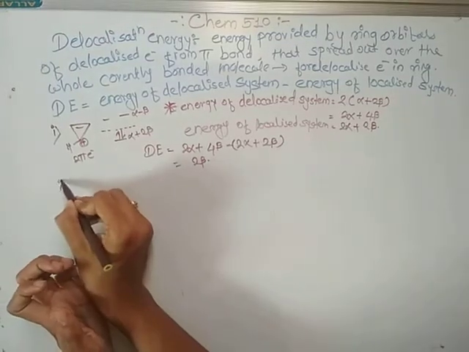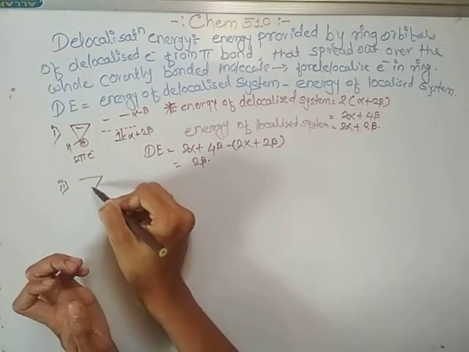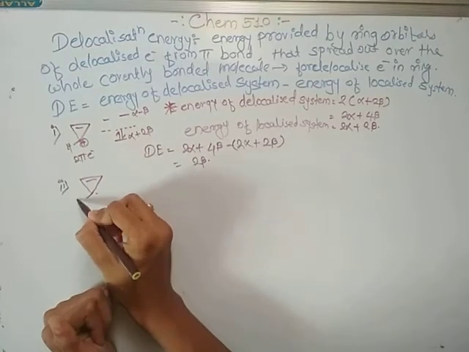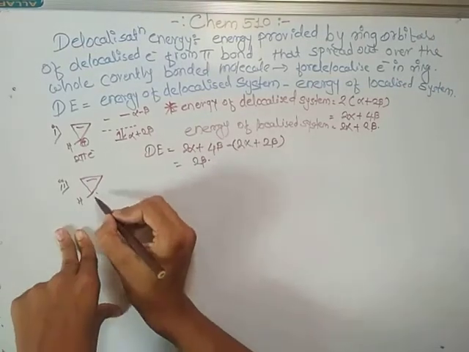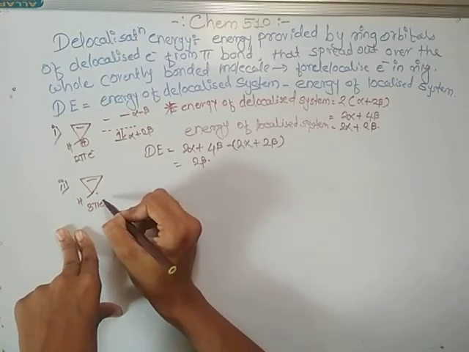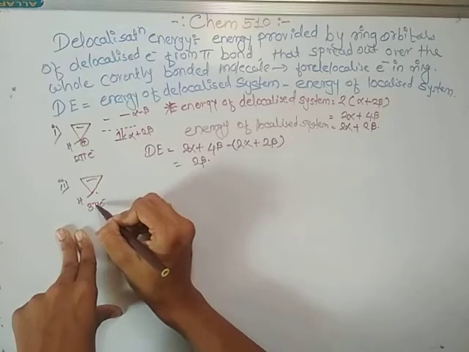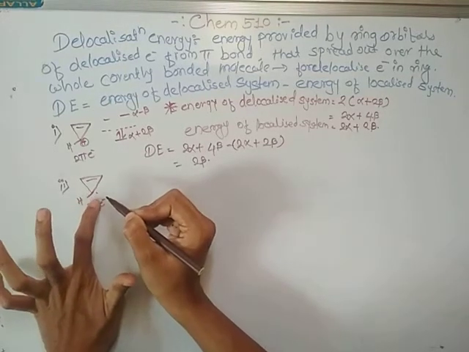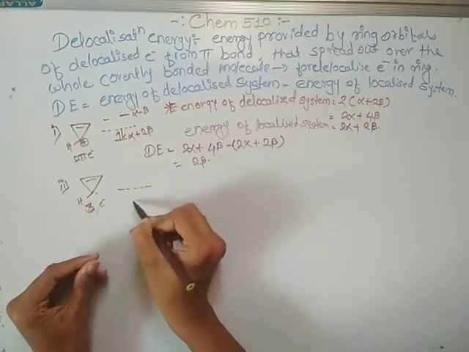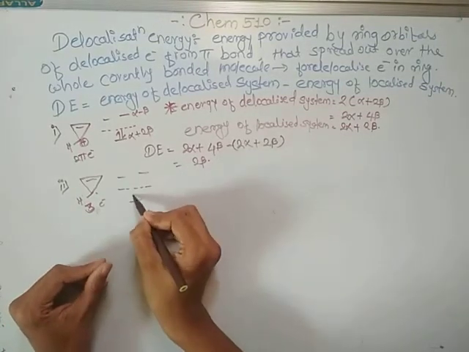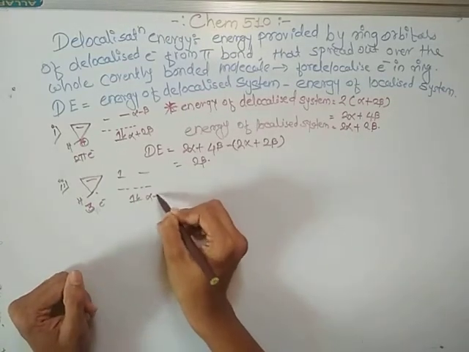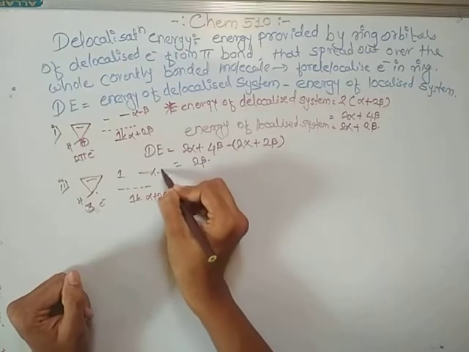Now cyclopropyl radical. In cyclopropyl radical, 3 electrons are present. So distribution of that 3 electrons is by 1 2 3, having orbital energy alpha plus 2 beta, alpha minus beta.